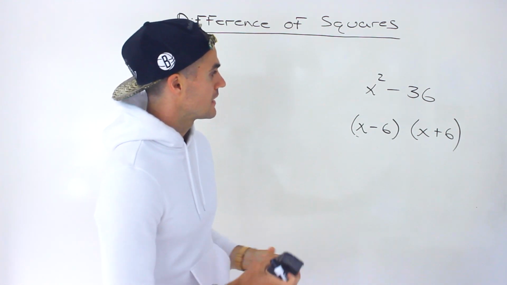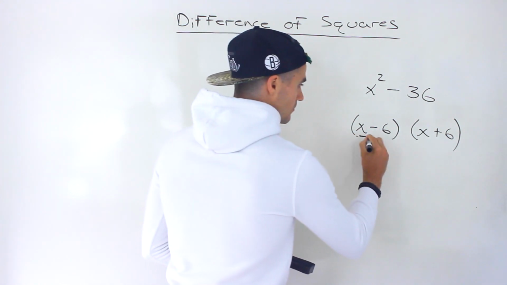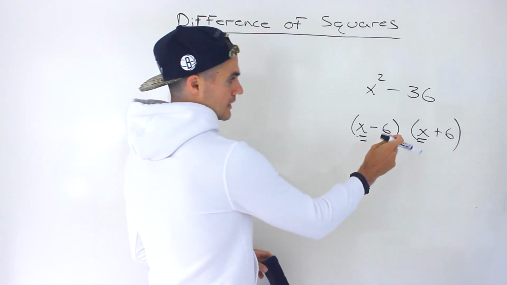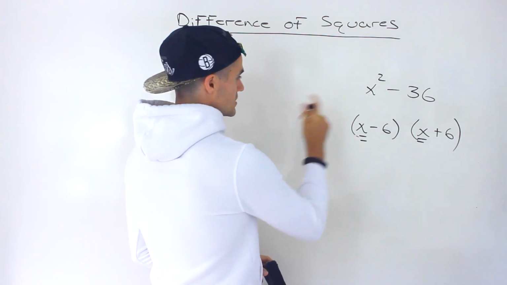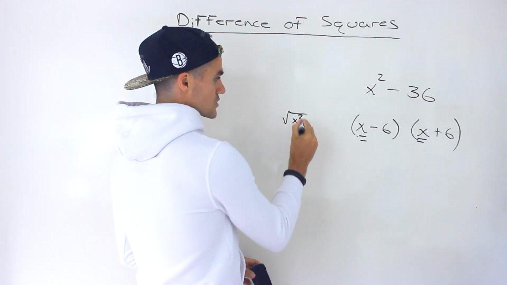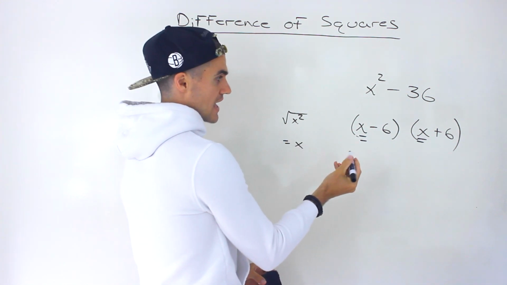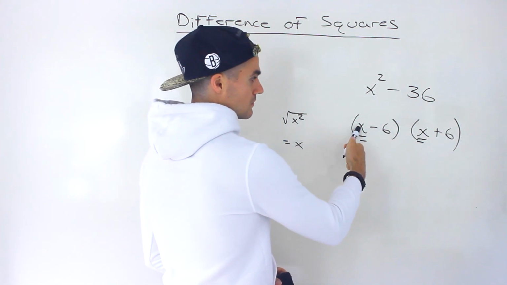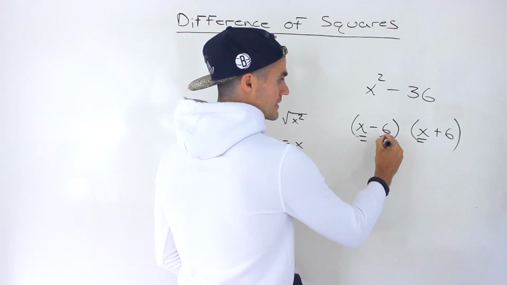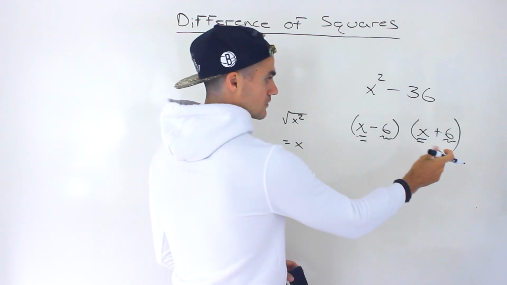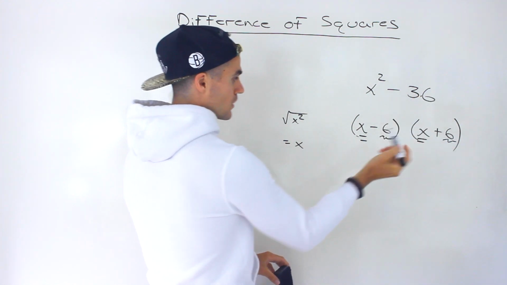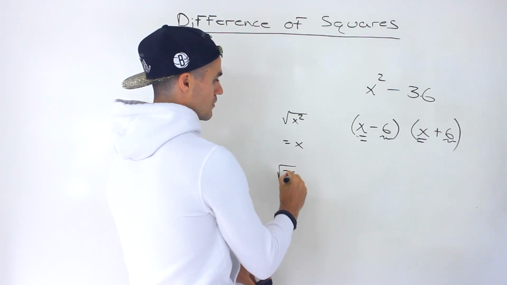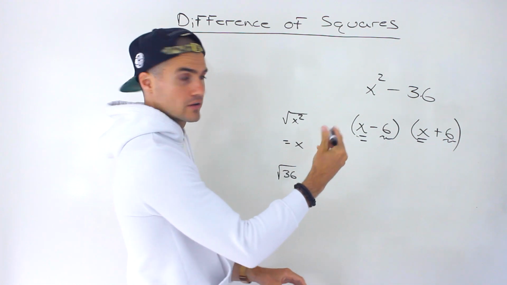The second thing is that this term over here, it's always going to be the square root of this first term. Notice that the square root of x squared is just what? It's just x. So x is going to go here. And then the term that is going to be here, that second term in both of the factors, is going to be the square root of the last term in the original expression.